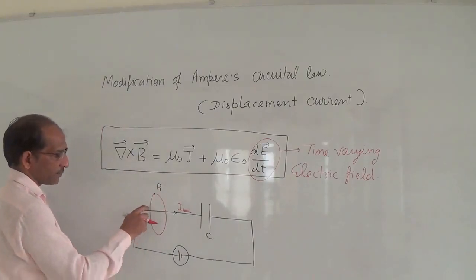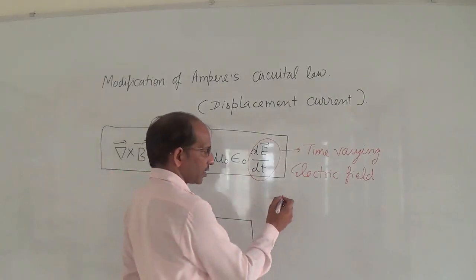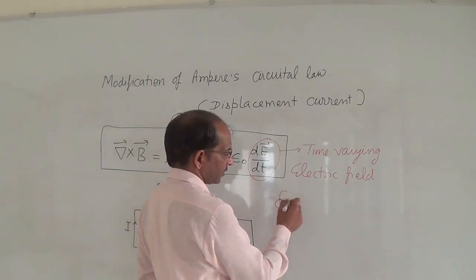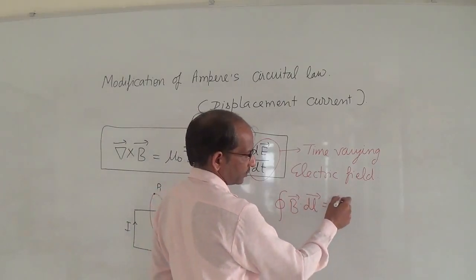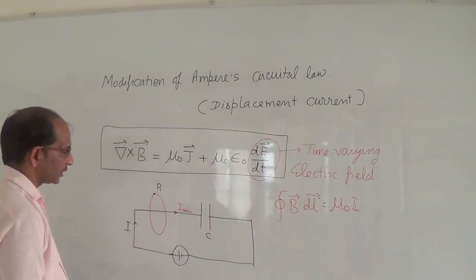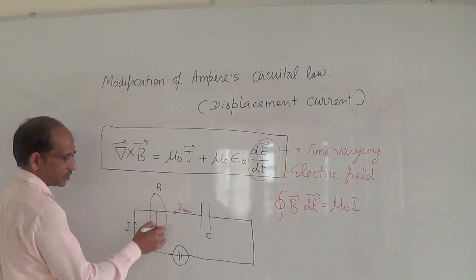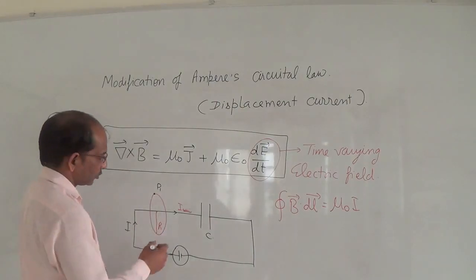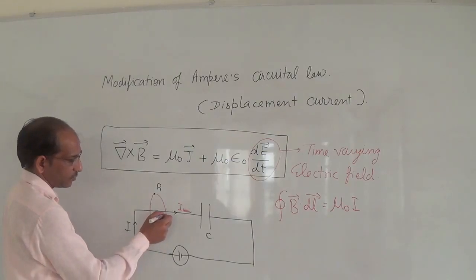So one can apply Ampere's law here, because in integral form you have seen that the closed integral of B dot dl is equal to mu naught times I. And suppose the radius of this closed loop is r, so the magnetic field will be constant at every point.